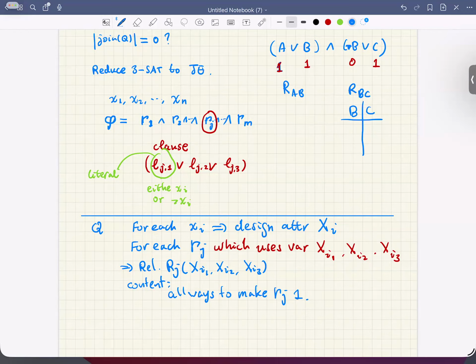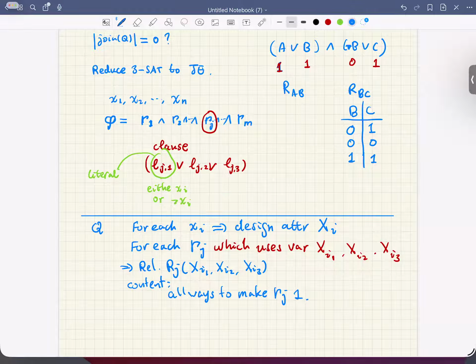So I could have B equal to 0, so that will make the first literal true, and then I don't care about the value of C. On the other hand, if B is 1, then C will have to be 1, so that the clause can be true. Okay, so that is the table for RBC.